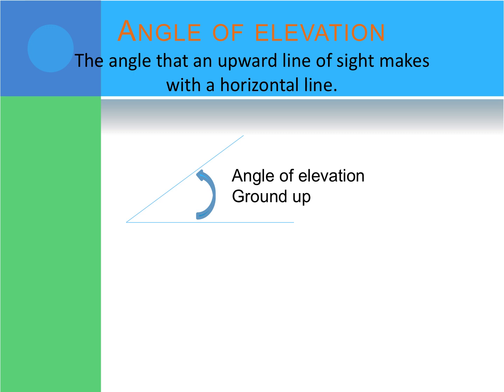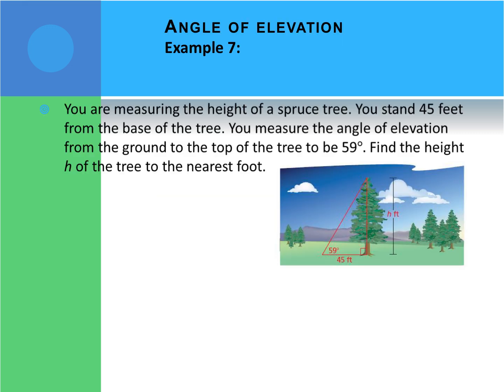So with that being said, looking at the next question, you are measuring the height of a spruce tree. You stand 45 feet from the base of the tree. Then you measure the angle of elevation from the ground to the top of the tree to be 59 degrees. Find the height h of the tree to the nearest foot.